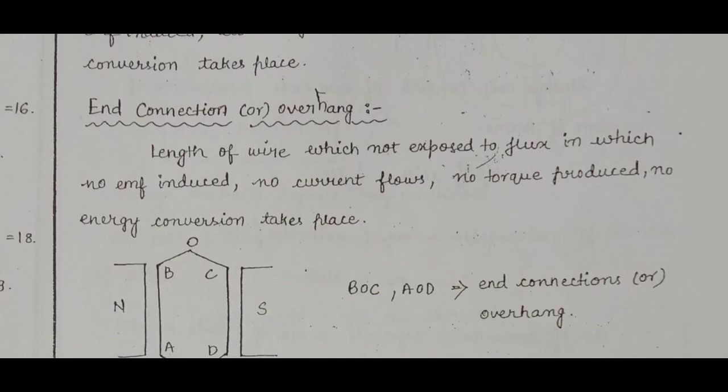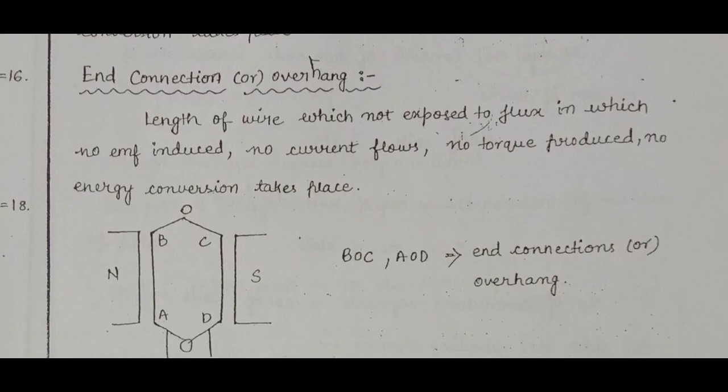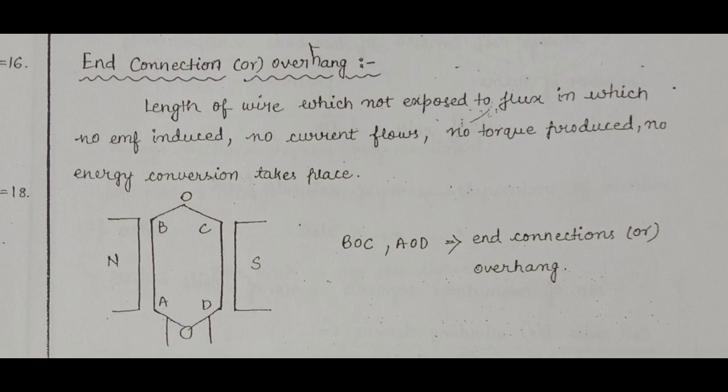End connections are the overhang, the length of the wire which is not exposed to the flux, in which no EMF is induced, no current flows, no torque is produced, and no energy conversion takes place. So this is called the end connection or overhang. It is very important to connect the two conductor sides.